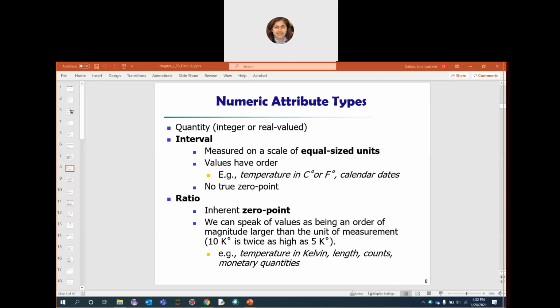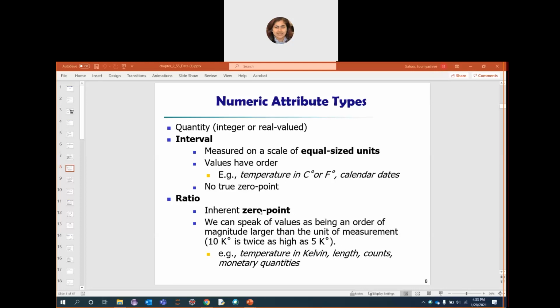Then ratio. Ratio scaled means it has the properties of an interval variable. Here, if a variable has a value of 0, then there is none of that variable. So it has an inherent 0 point.